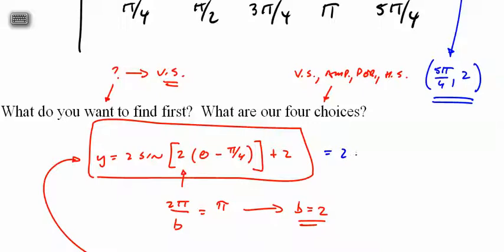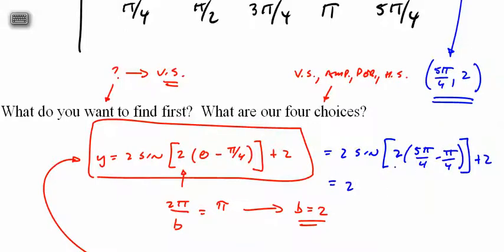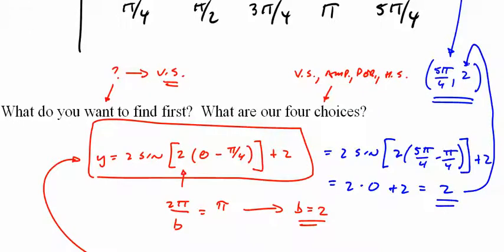So 2 times sine of 2 times (5 pi over 4 minus pi over 4) plus 2. 5 pi minus pi over 4 is pi. 2 pi, sine of 2 pi is 0, plus 2 equals 2. And that is what we're hoping to get. So our model works.